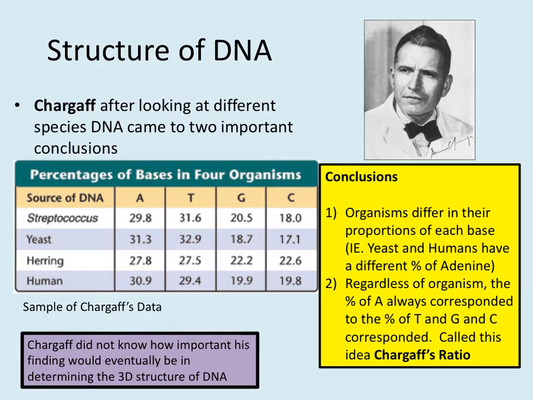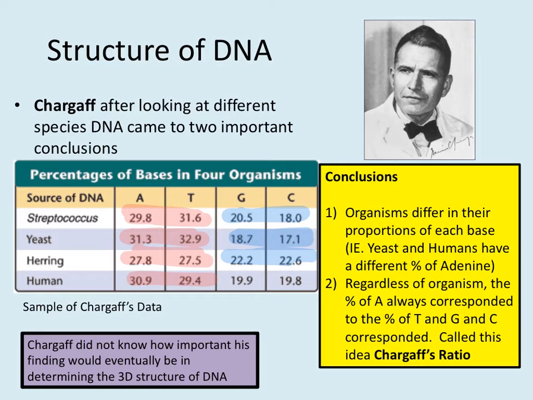So this is how we discovered that A has to bond with T. Because what Chargaff did was he looked at how many A's you have and how many T's you have in your body. How many G's and how many C's? And regardless of the organism that he looked at, A and T numbers are always the same percentages or close to it. Right? And G and C are also close percentages.